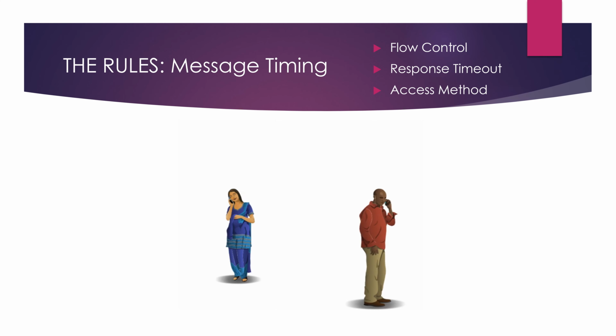The same happens even at the devices when they try to transmit on a wireless LAN mostly. It is necessary for the wireless LAN network interface card to determine whether the wireless medium is available to send a message or not. So these are the important rules about message timing.